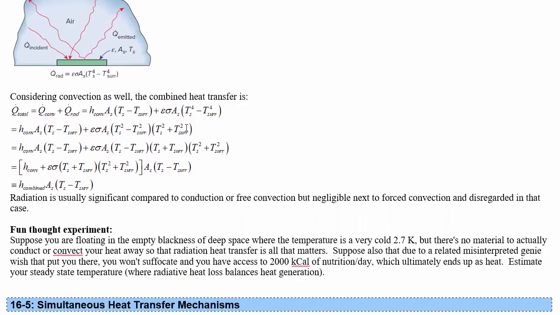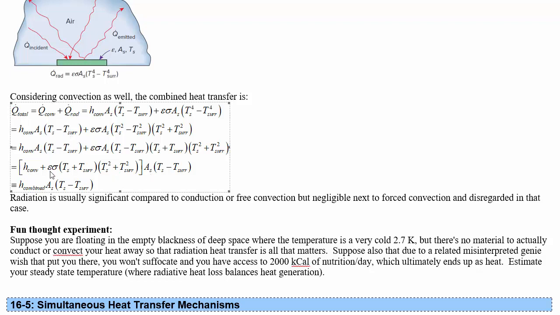Doing some manipulations here, you can take some differences of squares in the radiative heat transfer terms and separate out a raw temperature difference between the surface and the surroundings, which is useful if you're going to combine that with convection, because that's the same kind of formula that we have in convection, assuming that the temperature of the surroundings is the same as the free stream temperature of the fluid.